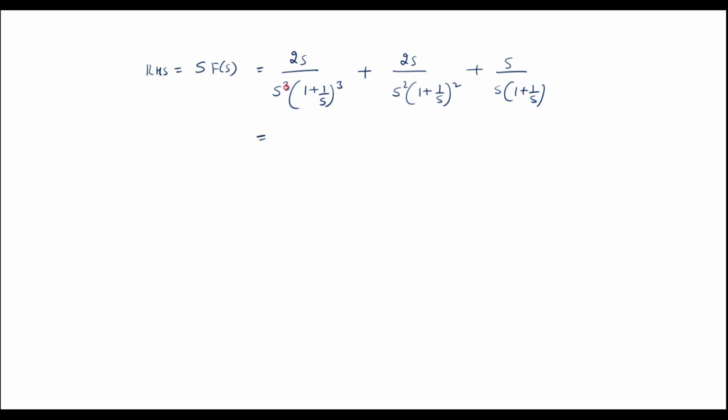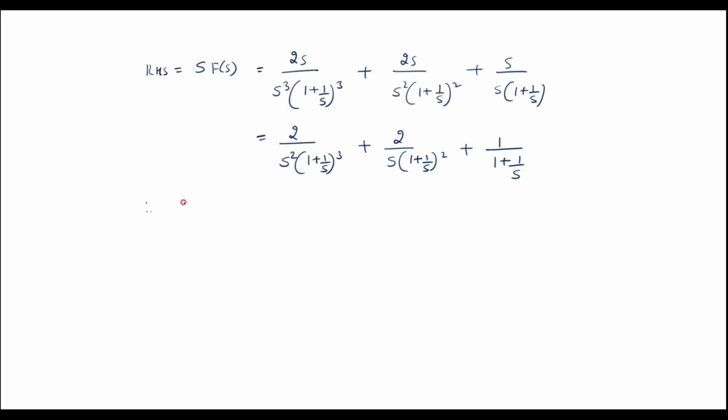Let me simplify. Here s and s will get cancelled. We'll get 2 divided by s square into 1 plus 1 by s cube plus here s will get cancelled, 2 divided by s into 1 plus 1 by s square plus here s and s will get cancelled, 1 upon 1 plus 1 over s.